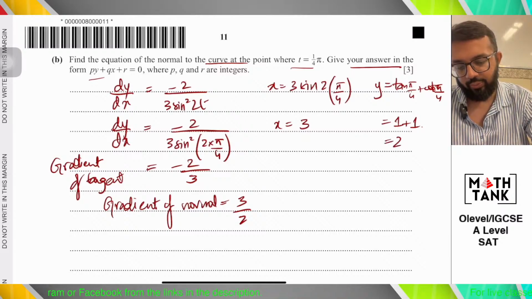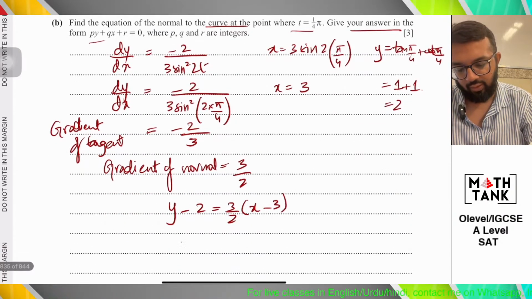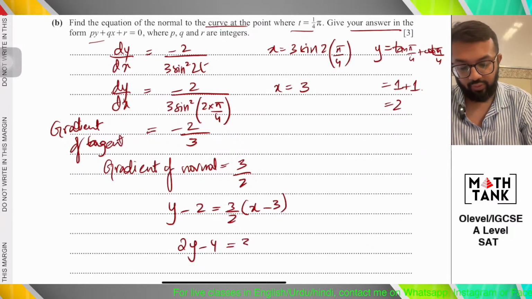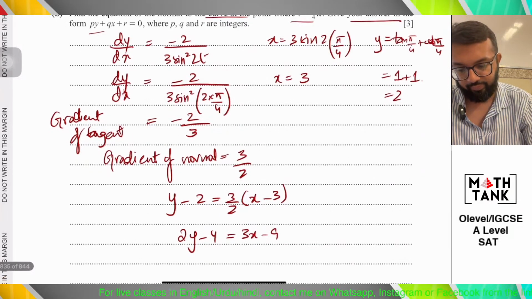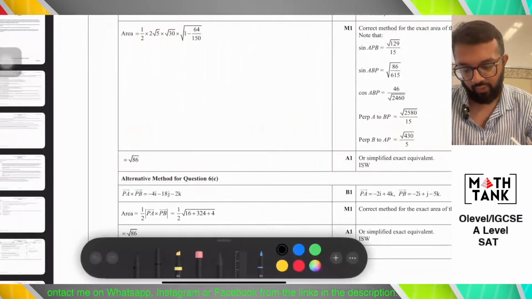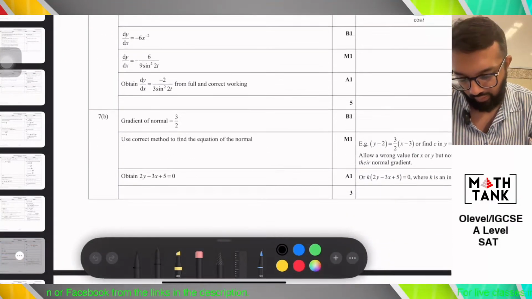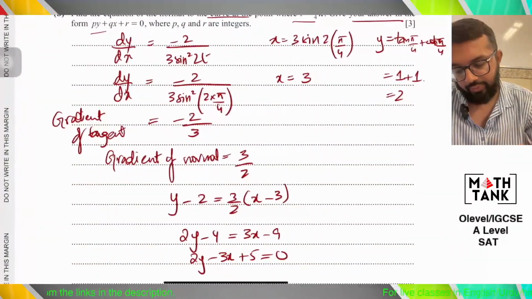Okay, so that's 2. So y minus y1 equals m times x minus x1. 2y minus 4 equals 3x minus 9. 2y minus 3x plus 5 equals 0. Yep, that's also correct.